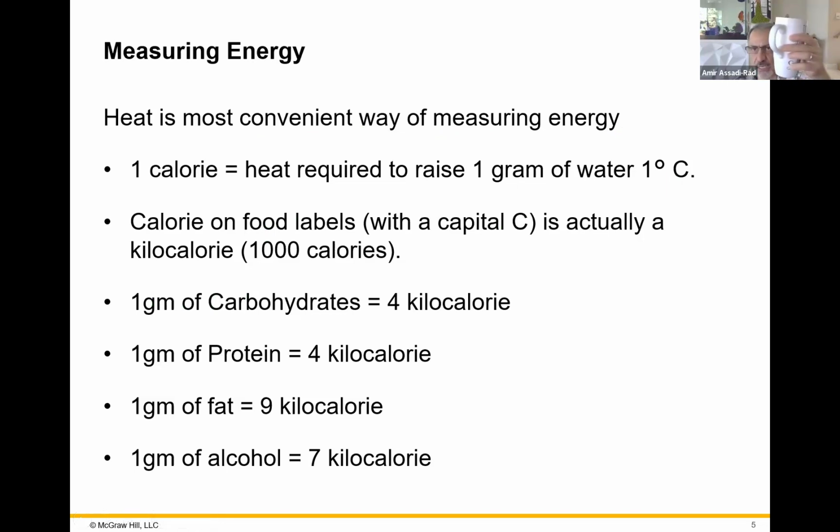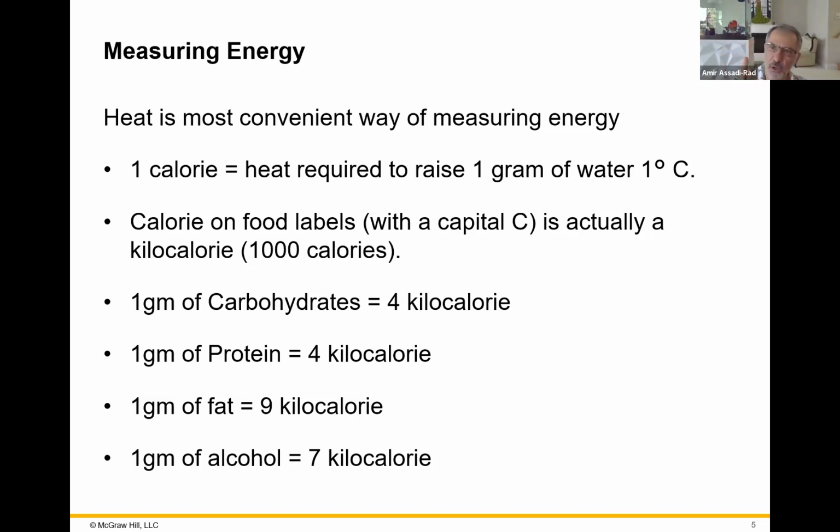So if in a jug I put some water, only 1 gram, which is very small, very little, and you put the thermometer in there and increase the temperature from 25 Celsius to 26 Celsius, for example, that amount of energy being used is 1 calorie.